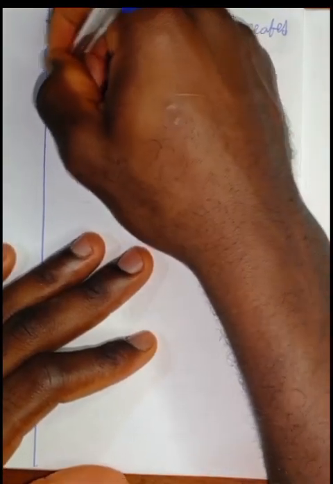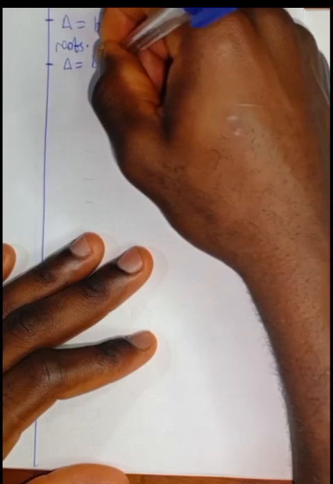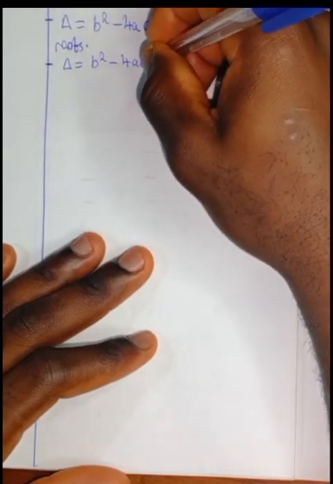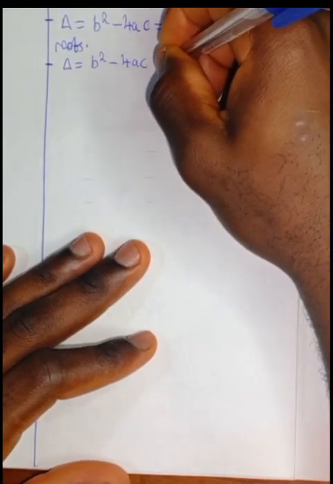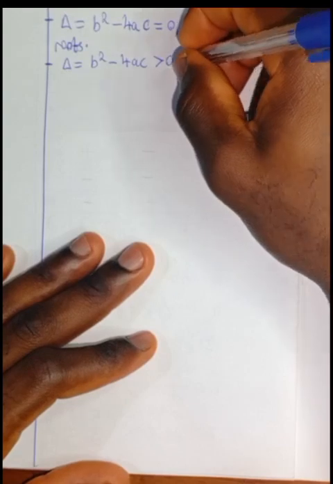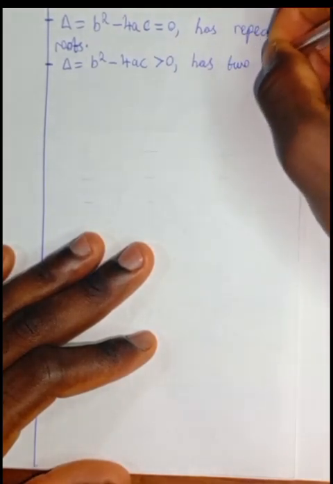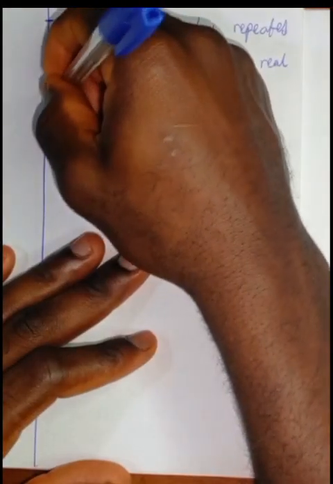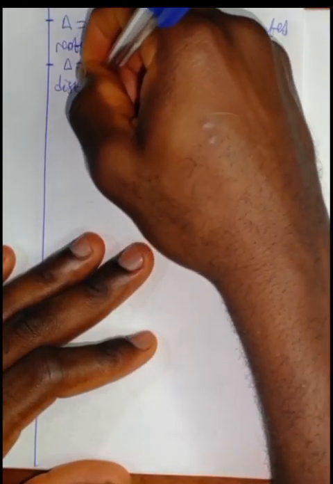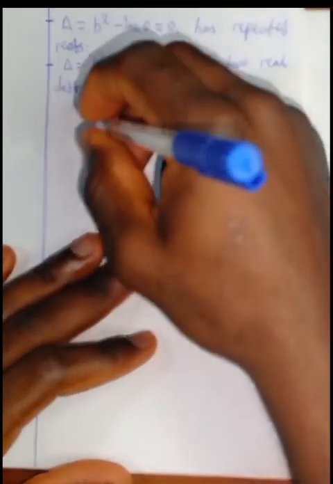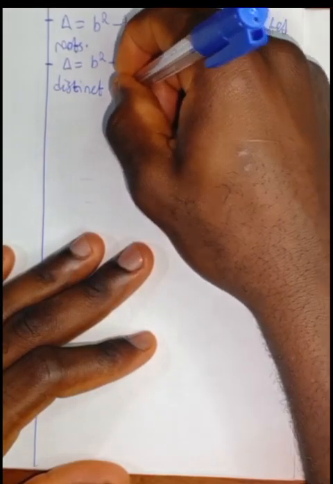When the discriminant b squared minus 4ac is greater than 0, in this case, we are going to say the quadratic equation has two real distinct roots. Distinct means they are different.